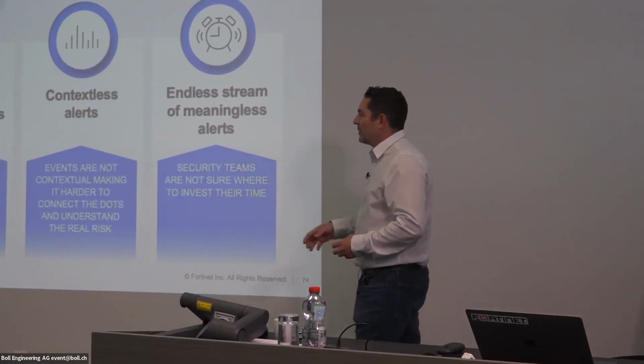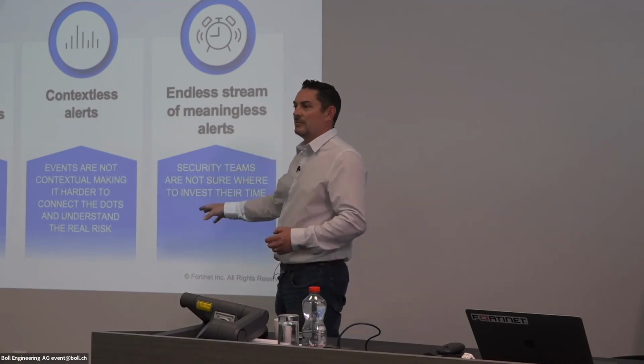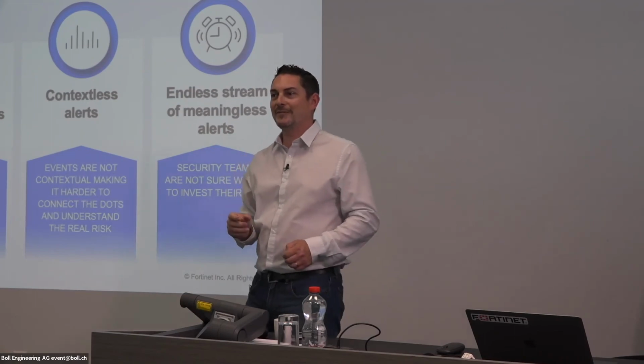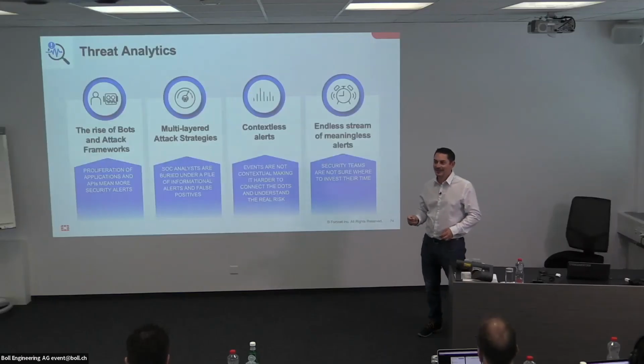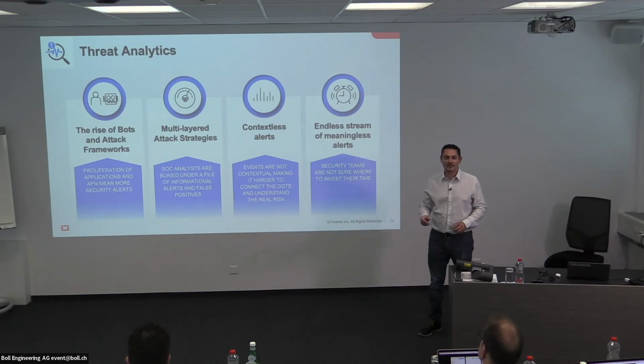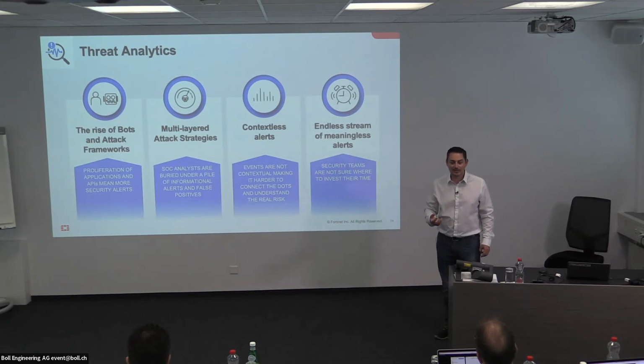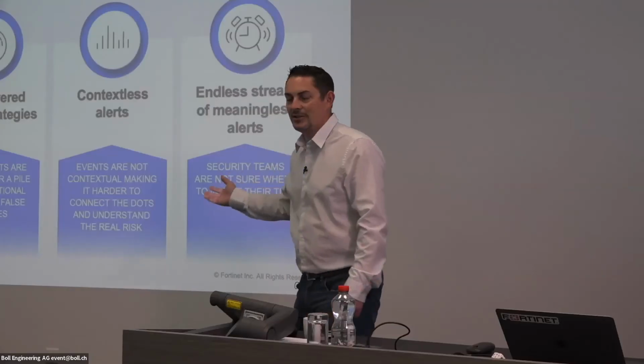And we also have some alerts which are contextless. You just see a pop-up: someone's trying to connect, or blocked on a specific request. But if you just take this alert, it doesn't make sense because it's not a full story. But it could be a trigger to something bigger, which could lead, for example, to a data leakage or to an API leakage.